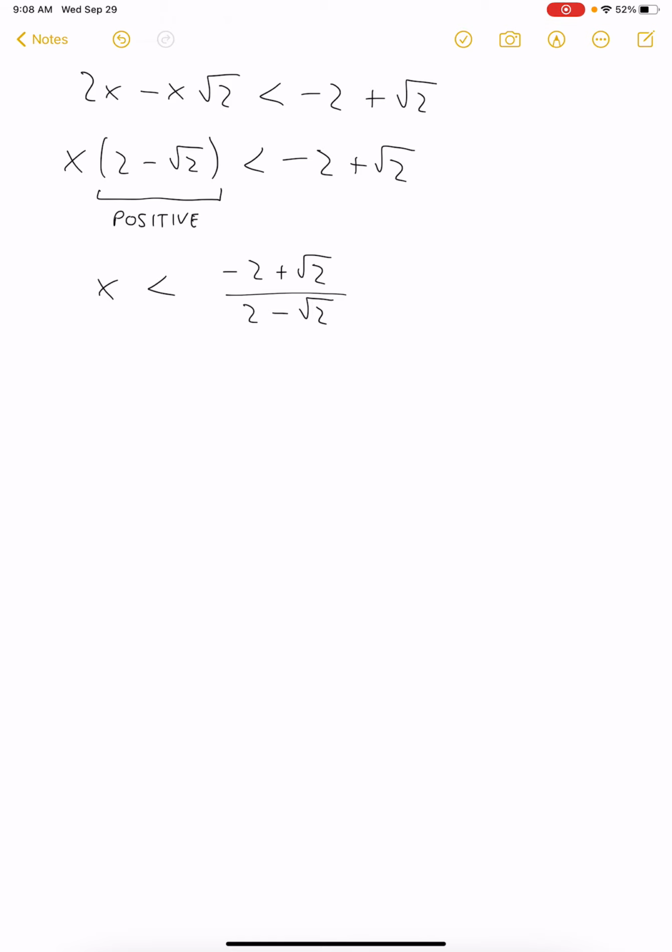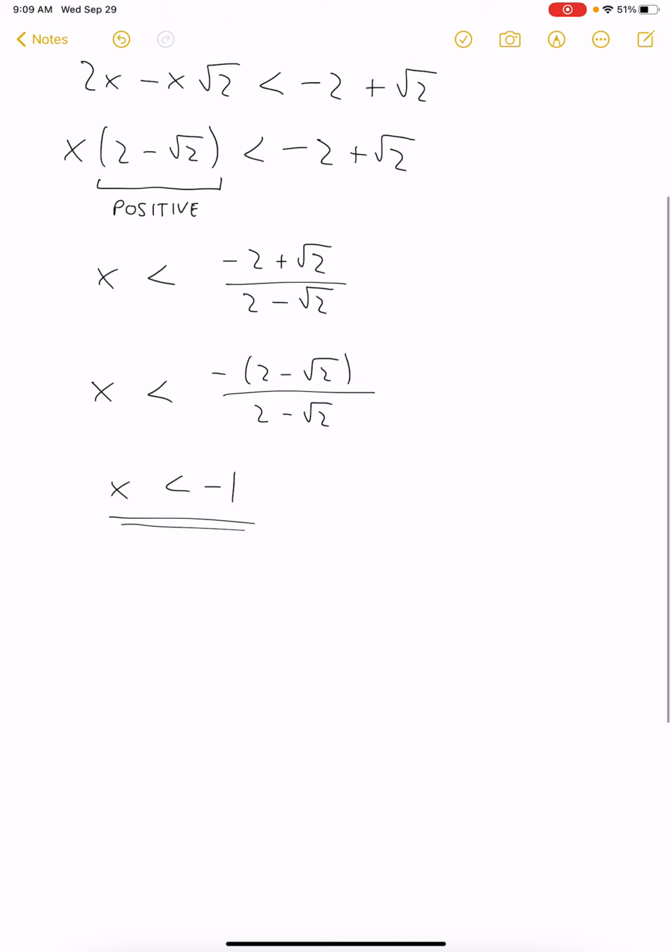And we see x is smaller than, we will factor out a minus on top, which is minus (2 minus square root of 2) divided by (2 minus square root of 2), which means x is smaller than minus 1. So the solution to the problem are all numbers x that are smaller than minus 1.